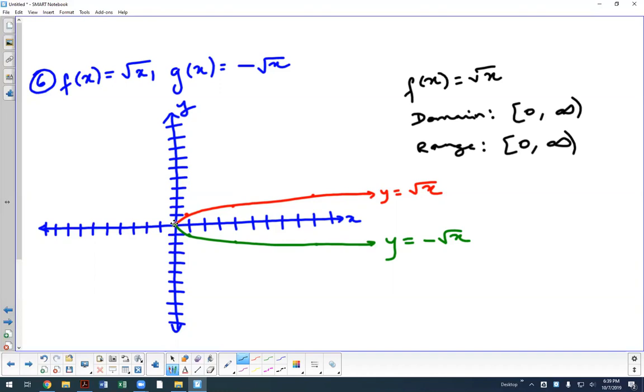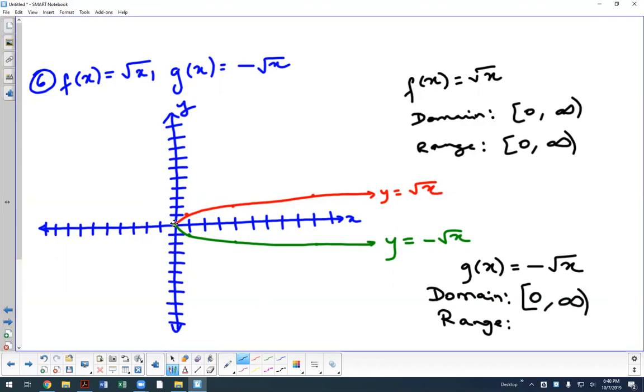But when we did the reflection, what happens with the negative square root of x? Does your domain change? No, because even though we created a reflection in terms of the x-axis, we're still starting at 0, we're still going to the right, we're still going to positive infinity, so your domain does not change.